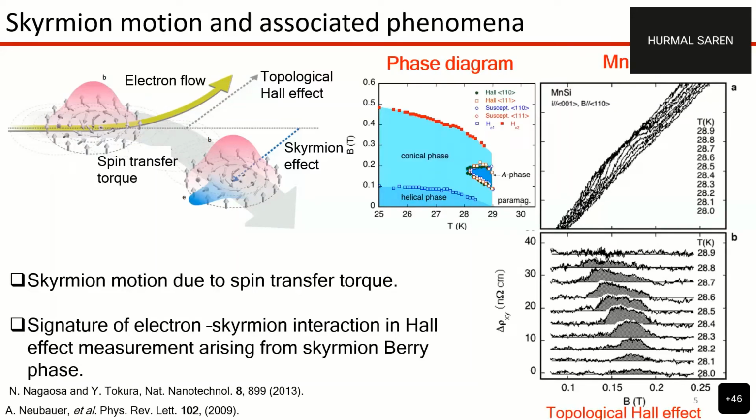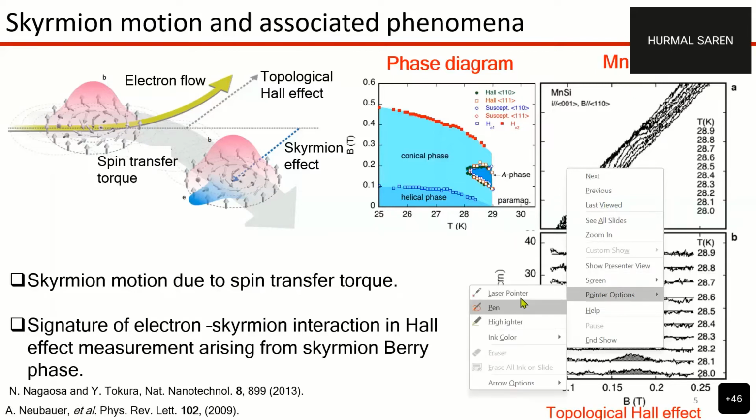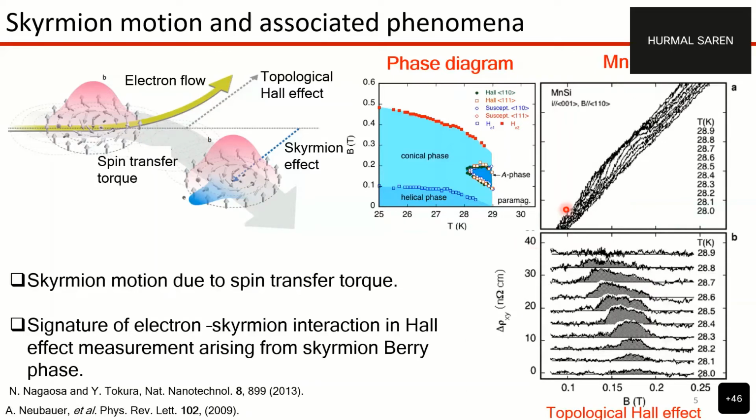So this is the transport measurement on an MnSi sample. Okay, this is the Hall measurement data at the skyrmion phases. The field is constant, and they have done the measurement at different temperatures. You can see in the raw data also some kind of hump structure. Upon subtracting the anomalous and ordinary Hall components, you can get a hump whose amplitude is very small.